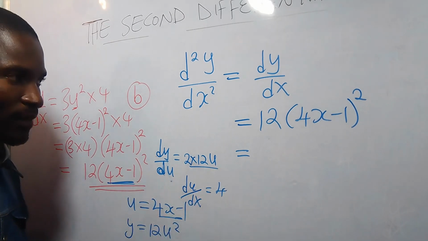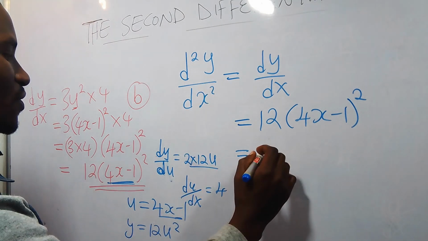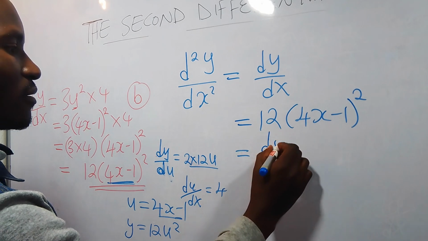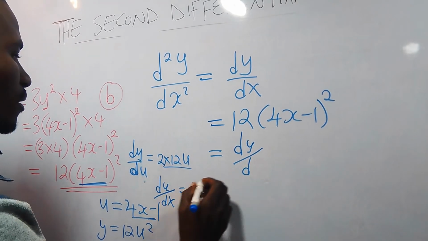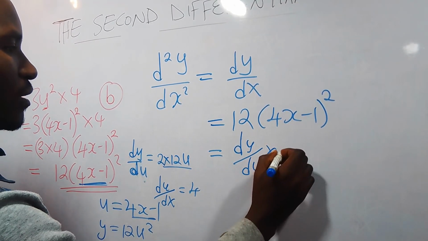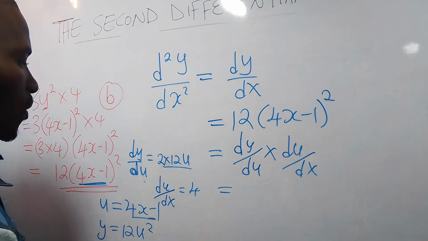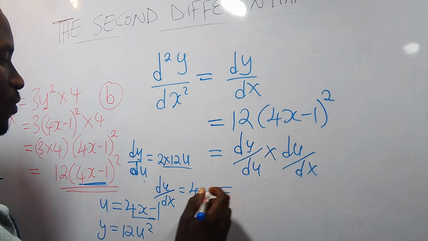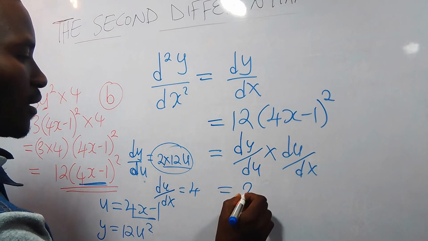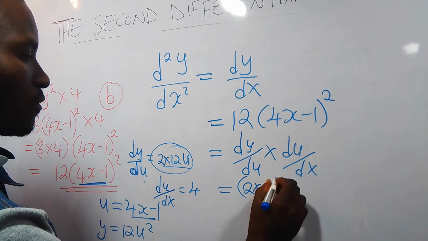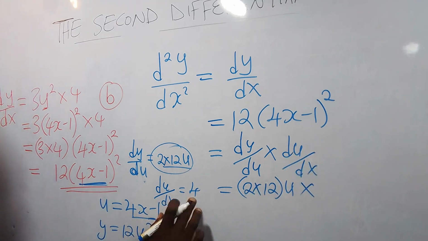So what's going to happen now is that this second derivative is going to give us dy/du multiplied by du/dx. Then dy/du is which one? dy/du is this one, so it's 2 multiplied by 12, and then u, multiplied by du/dx. du/dx is just 4.